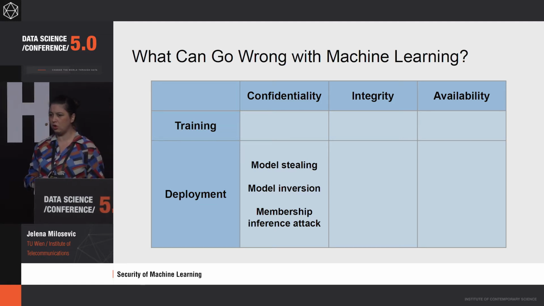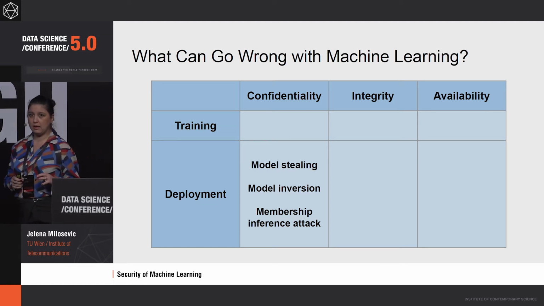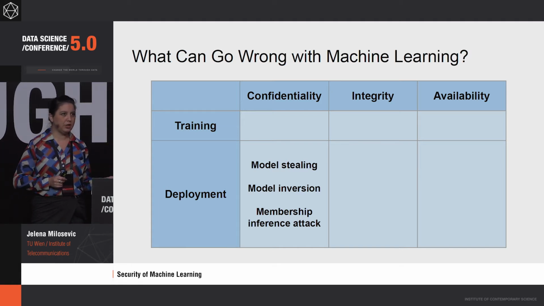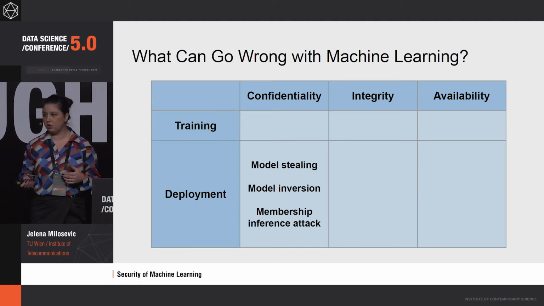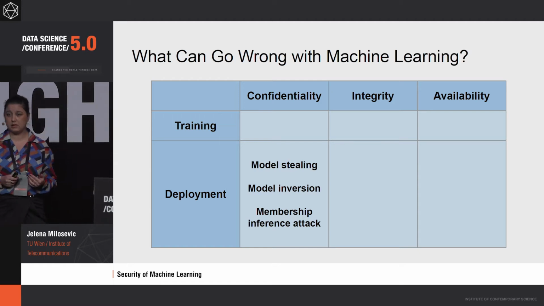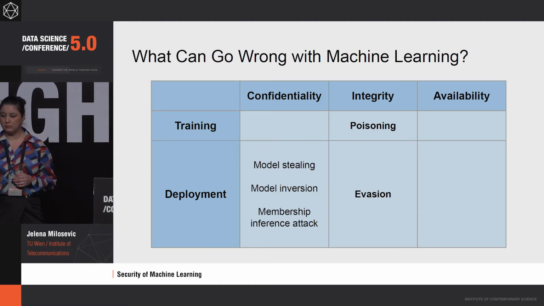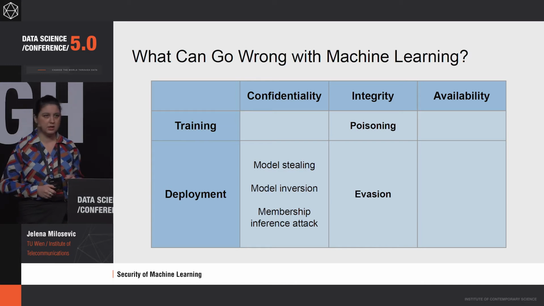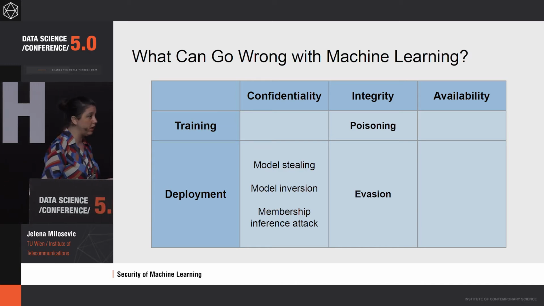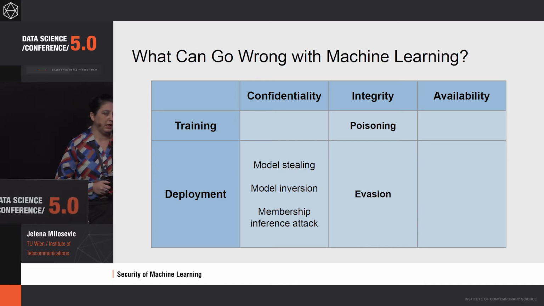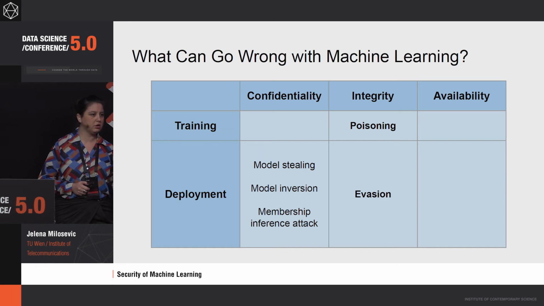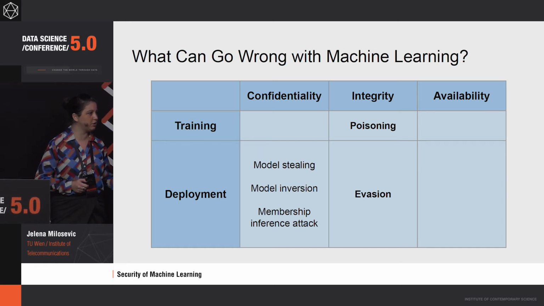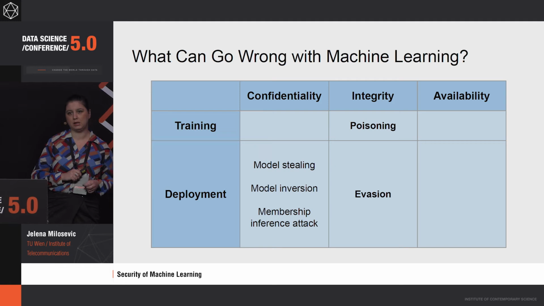This is something that is called model inversion, and at the end here, it can happen that there is a way to say whether some instance was used in a training data set or not. With respect to integrity, what can happen is that the system can be poisoned in the training phase in such a way that backdoors or neural network trojans are injected into the system so that later they can be activated.